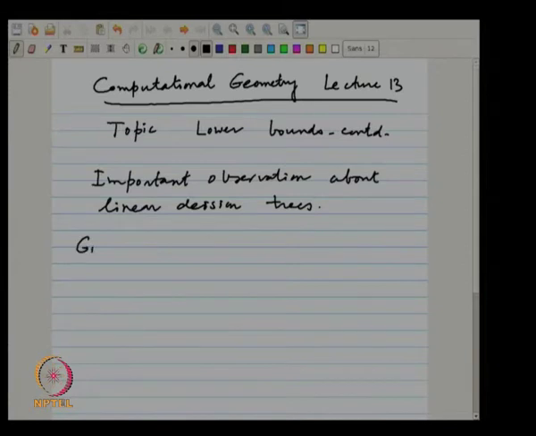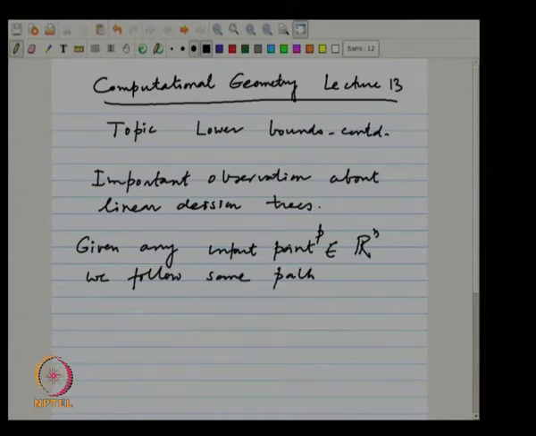Given any point P in n dimensions, we follow some path from the root to some leaf node, which corresponds to either a yes or a no.